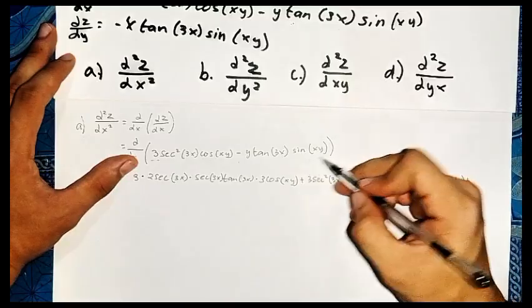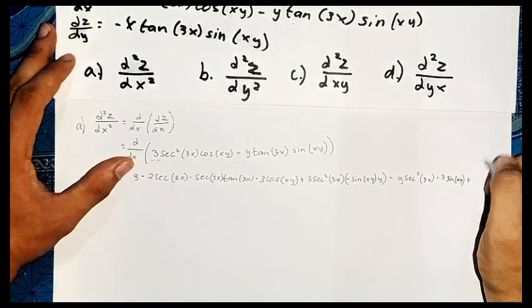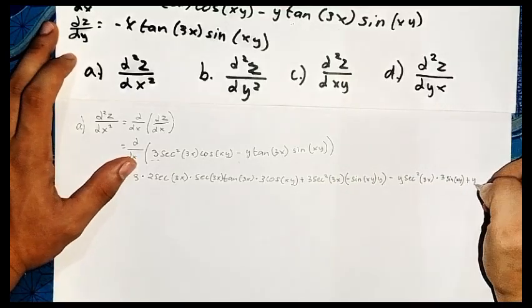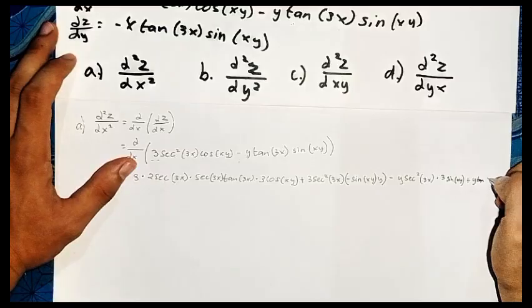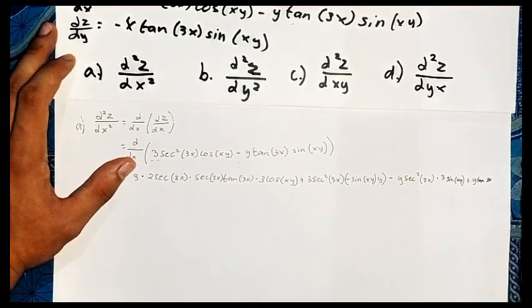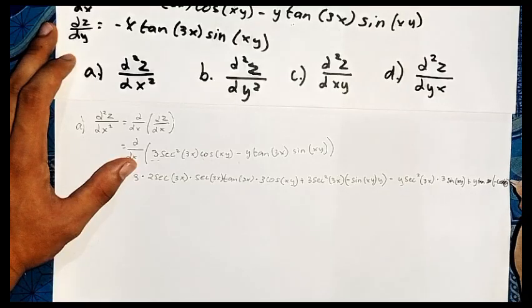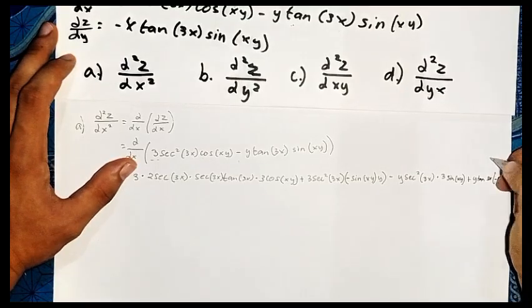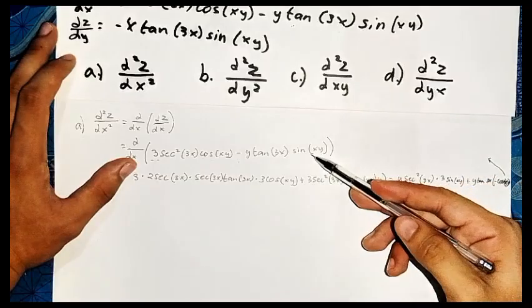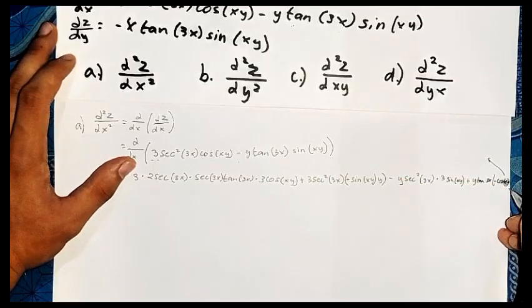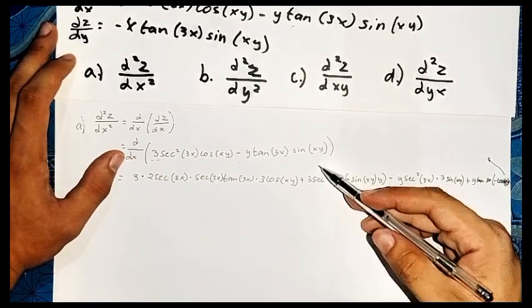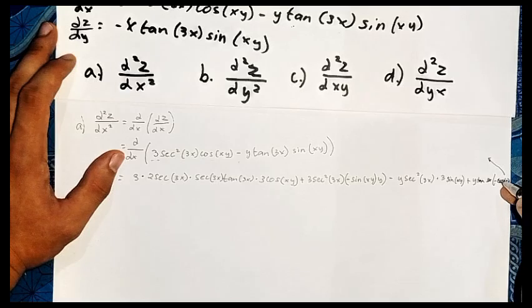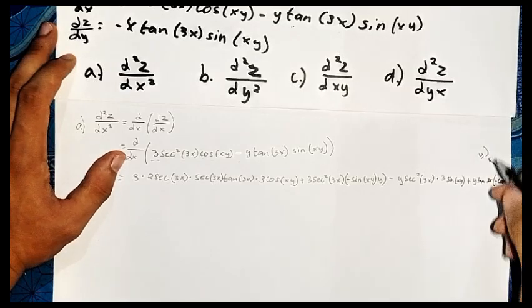Plus, this is our derivative. So, copy y tan 3x. Y tan 3x. The derivative of sine y, we have negative cosine y. Cosine xy. Derivative of sine xy, we have negative cosine xy. And derivative of xy with respect to x, we have y.